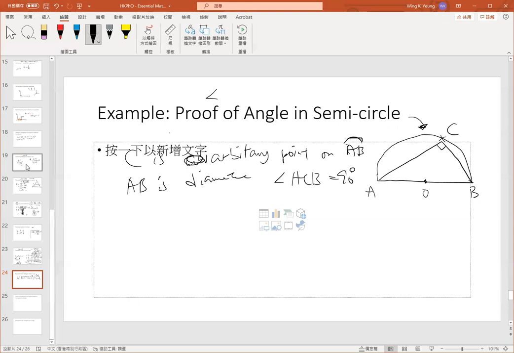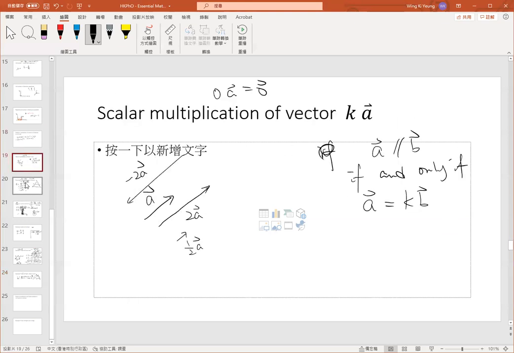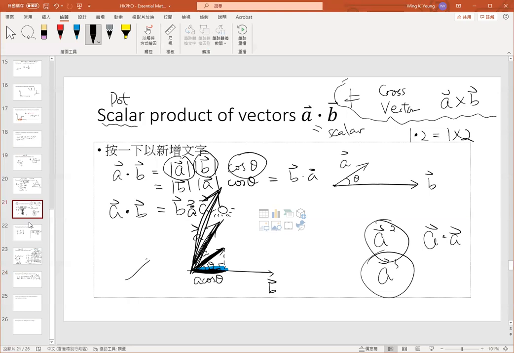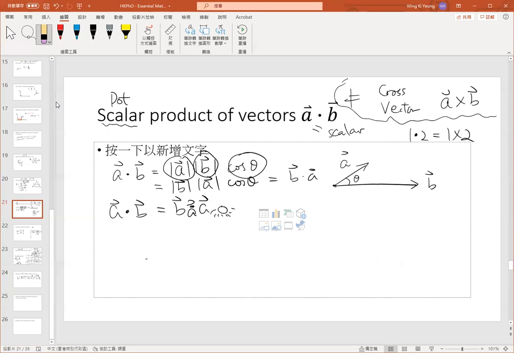I think I missed one point in the dot product. So let me go back to here and clear something on the board. For cosine theta, if the angle is between 0 degrees and 90 degrees, cosine theta is always positive. If it is 90 degrees, it is 0.